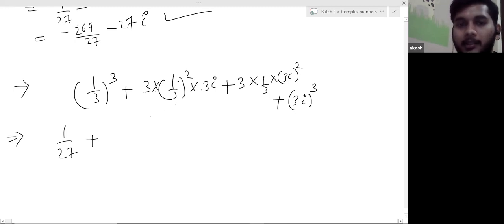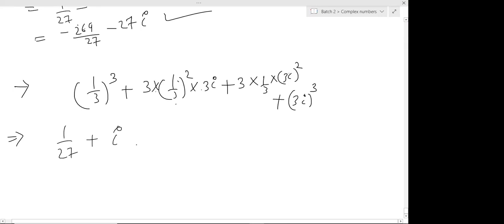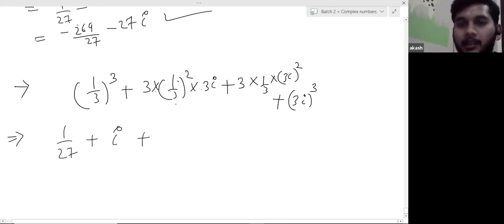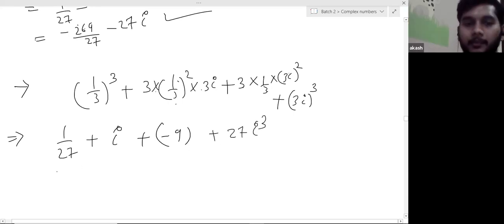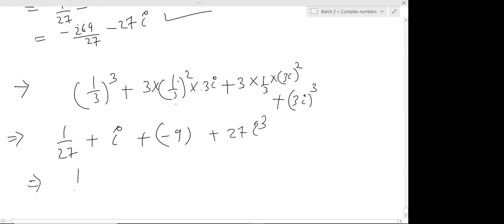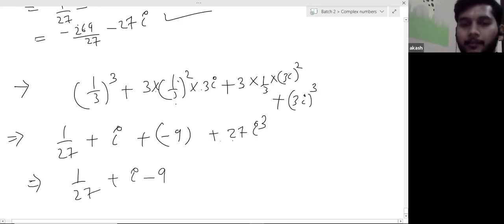So 3 into 3, 9 cancelled out. So you have i, right? So here 3 and 3 cancel. 3 square is 9, i square is minus 9. We'll have plus 27i cube, right? Yes, sir. So 1 upon 27 plus i minus 9, and minus this is minus 27i.